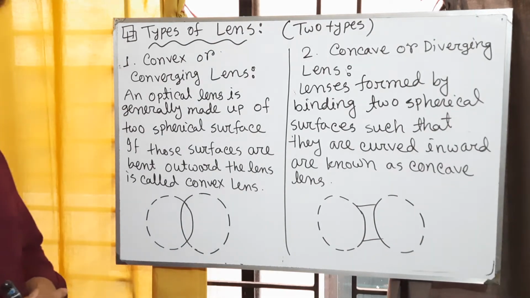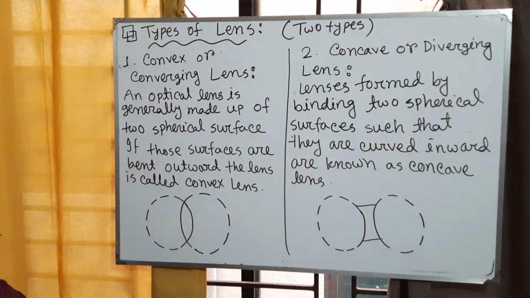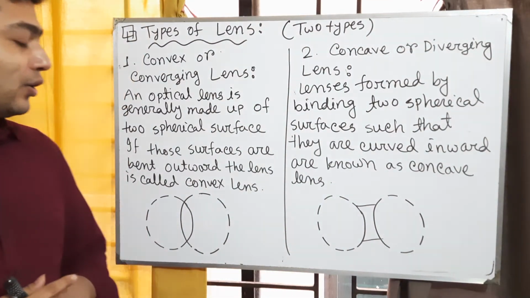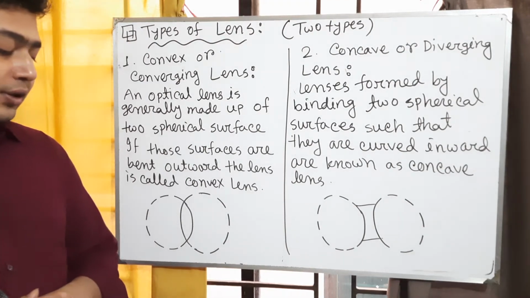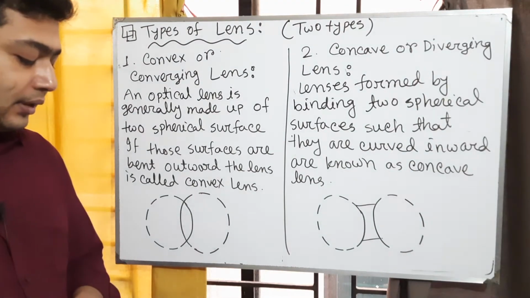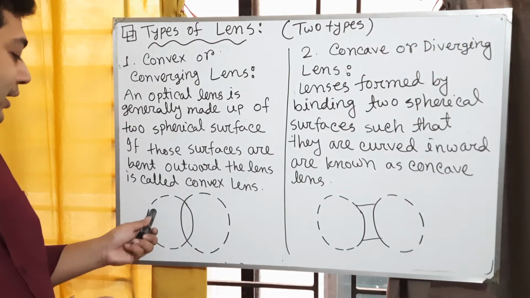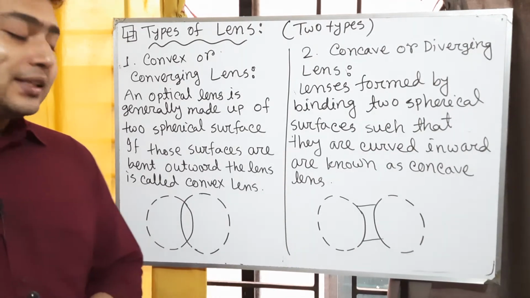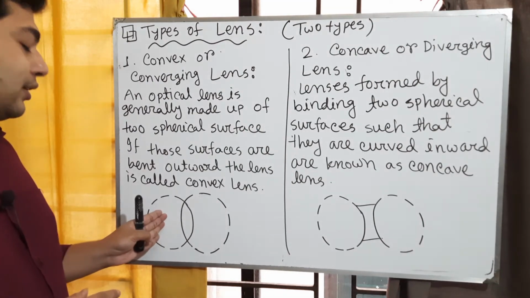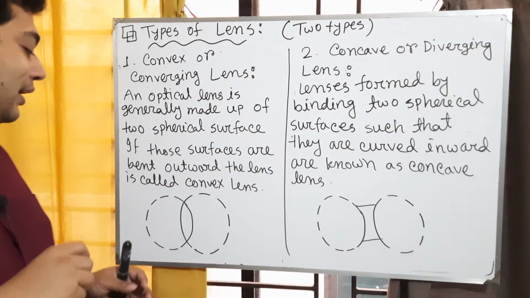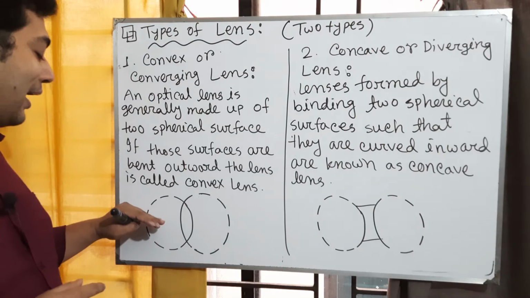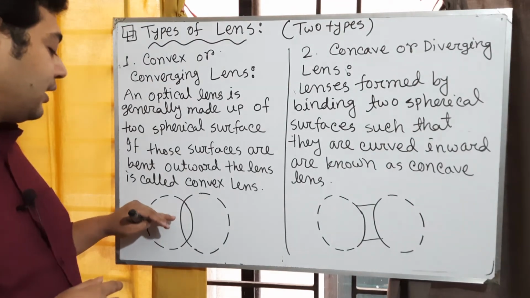Now, why is this type of lens called a converging lens? Convex lenses are also known as converging lenses because this type of lens can converge the light rays coming from infinity, or the parallel light rays, or a beam of light rays.